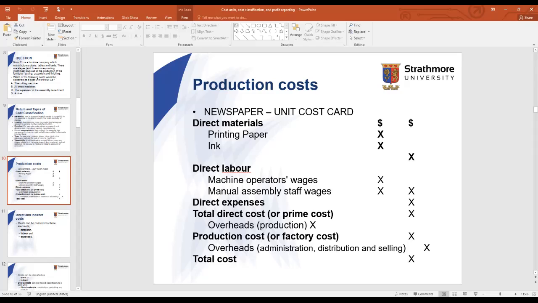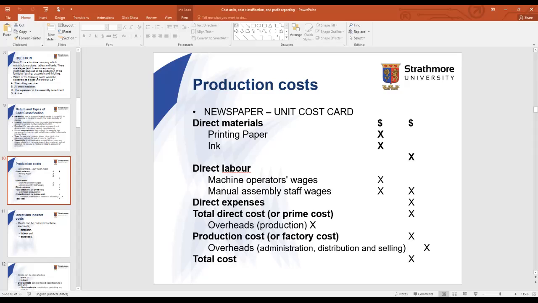Take our classic example of the newspaper, which you mentioned at the beginning. First determine the material we have incurred so far, for example the printing paper and ink we acquired. That is the direct material cost.